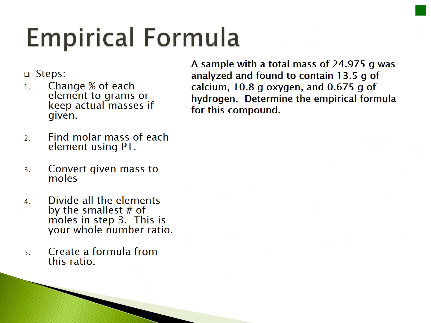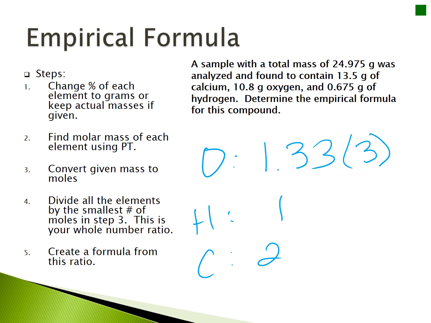Another thing is sometimes you'll get like 1.33. Let's say oxygen is 1.33, hydrogen is 1, and then let's say carbon is 2. What you can do for this one is if you get anything like 0.33, 0.66, you're going to multiply all of these by 3, to get that little denominator out.